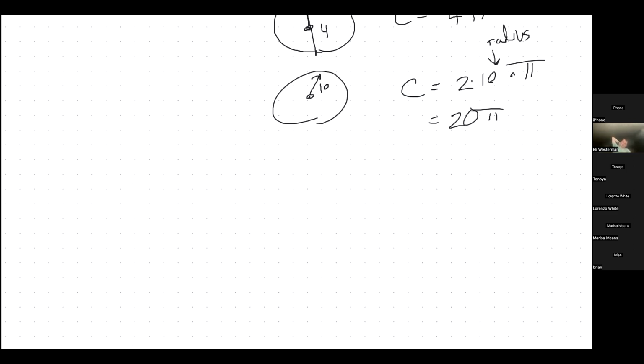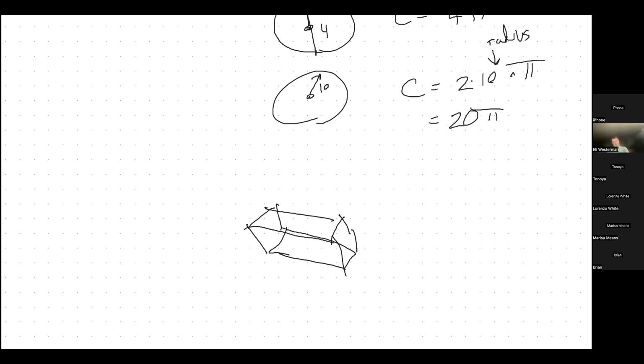Let's talk about area again. Let's go back to area and talk about areas of 3D figures. So let's say we have a box that is a rectangular prism. So it looks kind of like this. And you want to know the surface area of it.